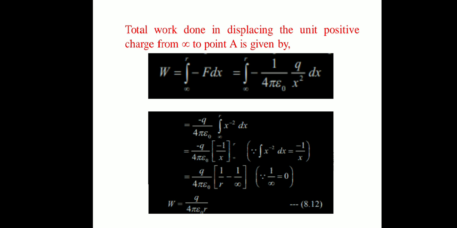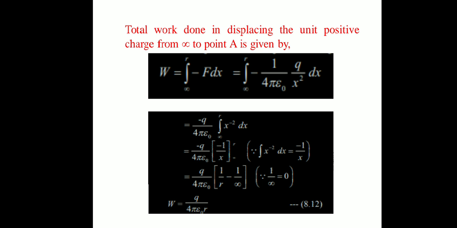Now use the rules of integration. Integration of 1 upon x square dx is minus 1 upon x, right? So let us put that value. We have W is equal to minus q divided by 4 pi epsilon 0 inside the square bracket minus 1 upon x, square bracket complete, and limits run from infinity to small r. Now let us put the upper limit first minus then the lower limit.